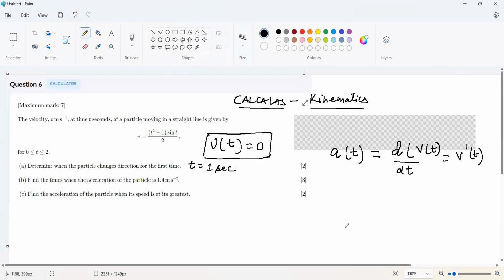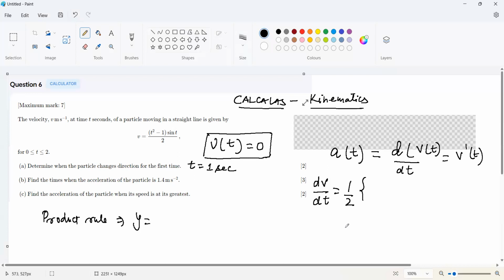So let's differentiate it. dv upon dt. 1 upon 2 is the constant, so just take it out. And now for (t square minus 1) sine t, I'll use the product rule. I hope you know the product rule.